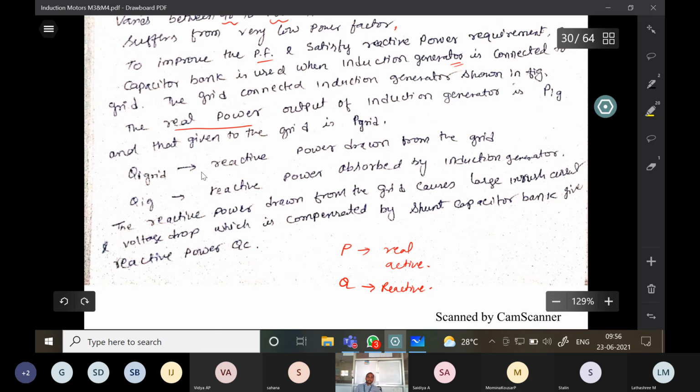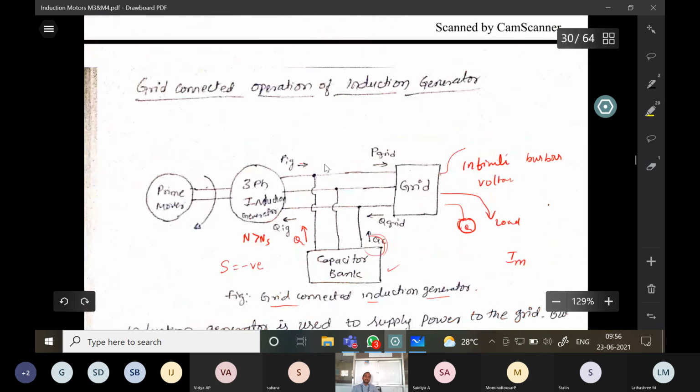Here, Q grid is the reactive power drawn from the grid, QIG is the reactive power absorbed by the induction generator, and QC is the reactive power delivered from the capacitor bank. The reactive power drawn from the grid causes a large inrush current and voltage drop, which is compensated by the shunt capacitor bank giving reactive power QC. So this is the grid connected operation of induction generator.